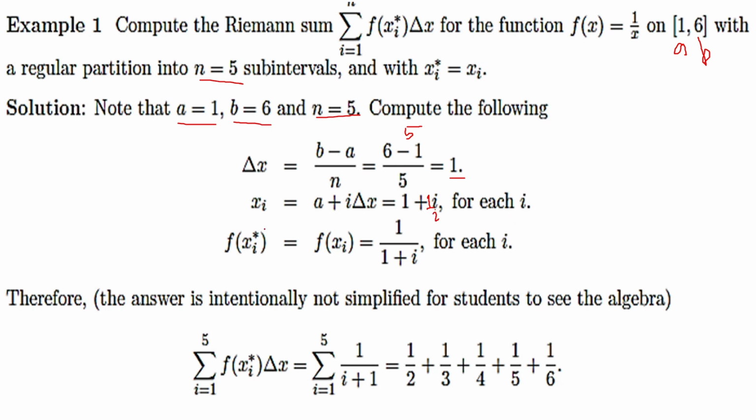As you can see here, we have a symbol, so let's make it like this. This is our f of x sub i. It is equal to 1 plus i for each i.